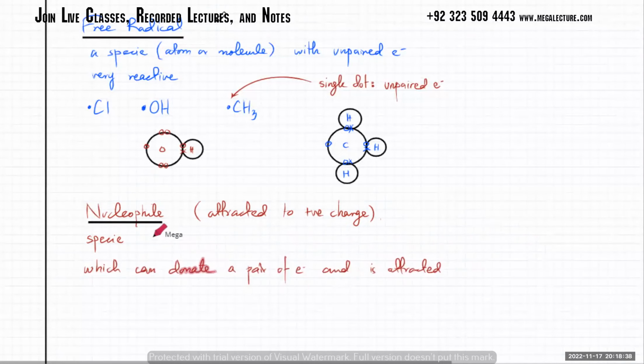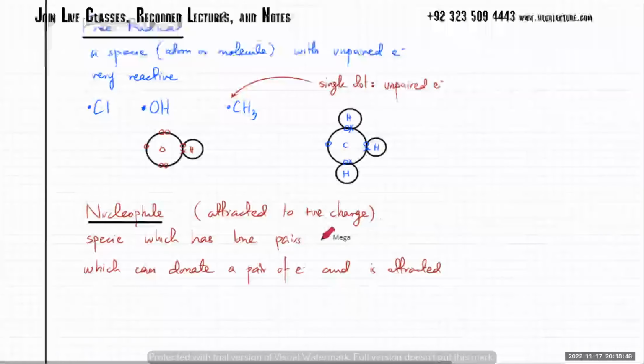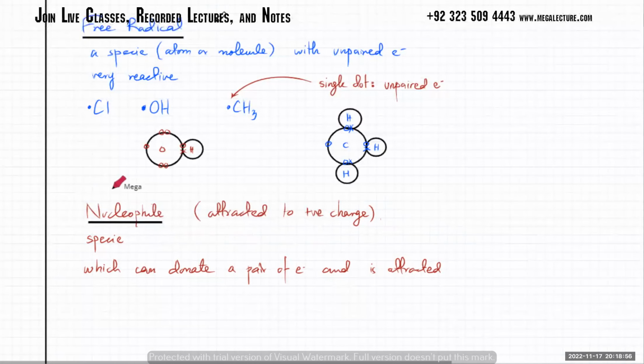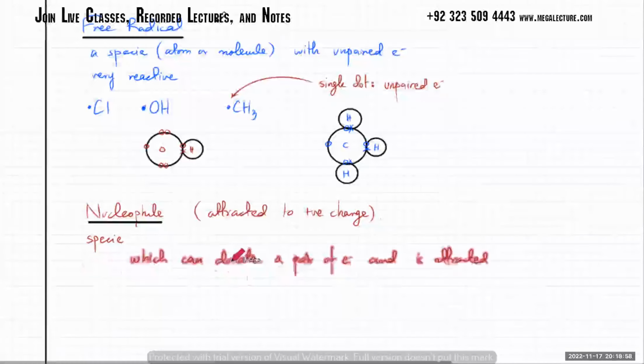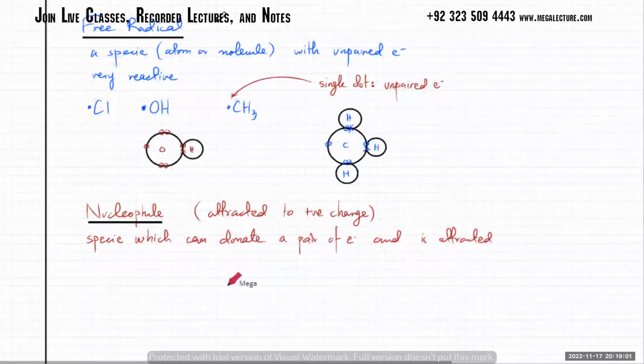So it's a species which has lone pairs. नहीं एक्चुअली ना ये लोन पेयर वाली बात गलत है. बस यही कर लेते हैं. ये ठीक है. Just anything that can donate a pair of electrons and is attracted to positive charge. Okay, that would be sufficient.